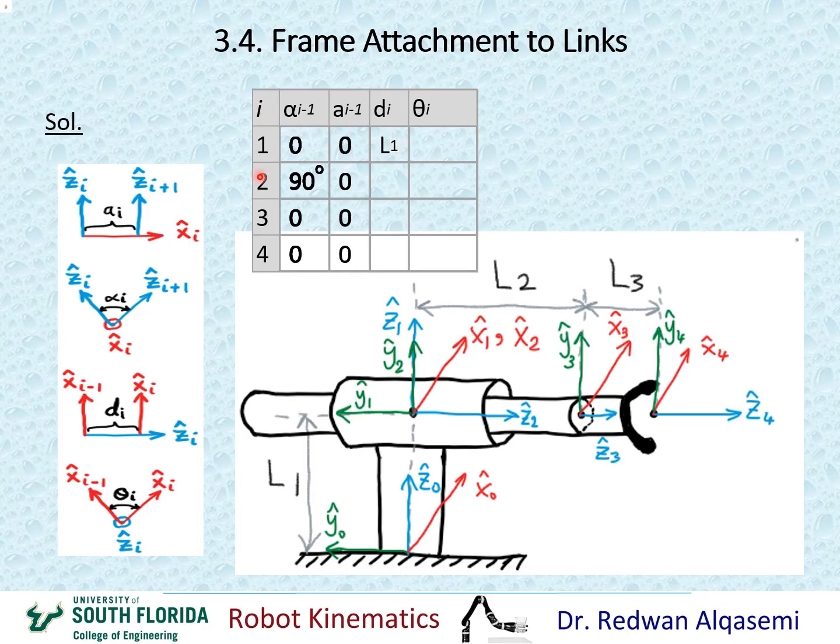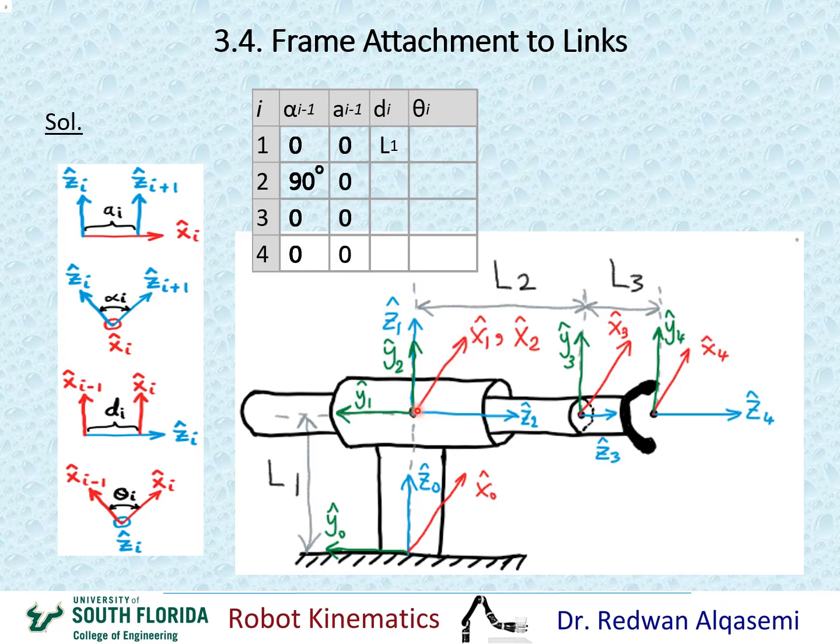Now when i equals 2, I'm looking at di, which is d2. So for d2, I'll be looking at x1 and x2 along z2. This is my x1, and also it is my x2. I'm looking at the distance between them along z2, which is this line. The way it's drawn right now, it looks like x1 and x2 are the same line.